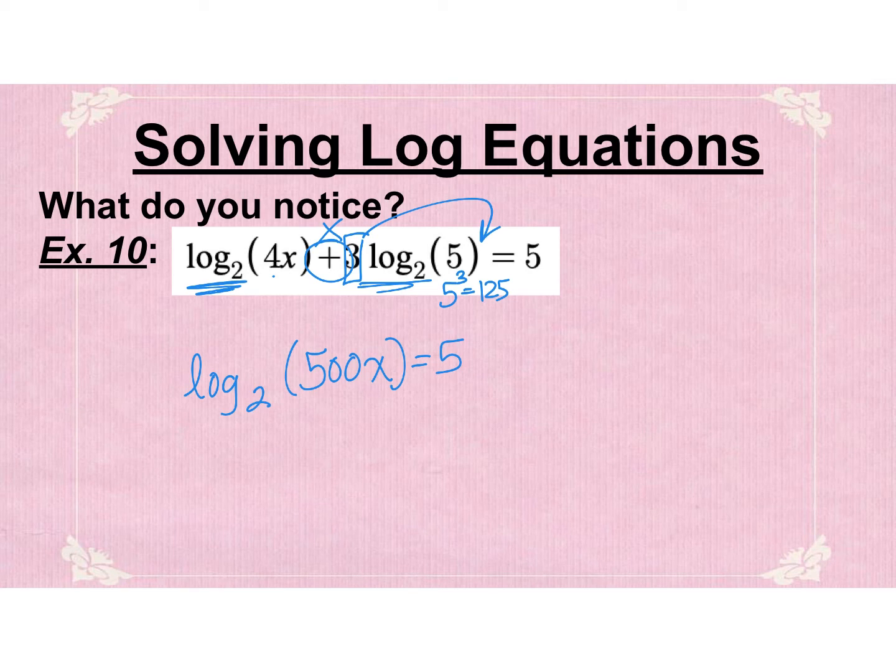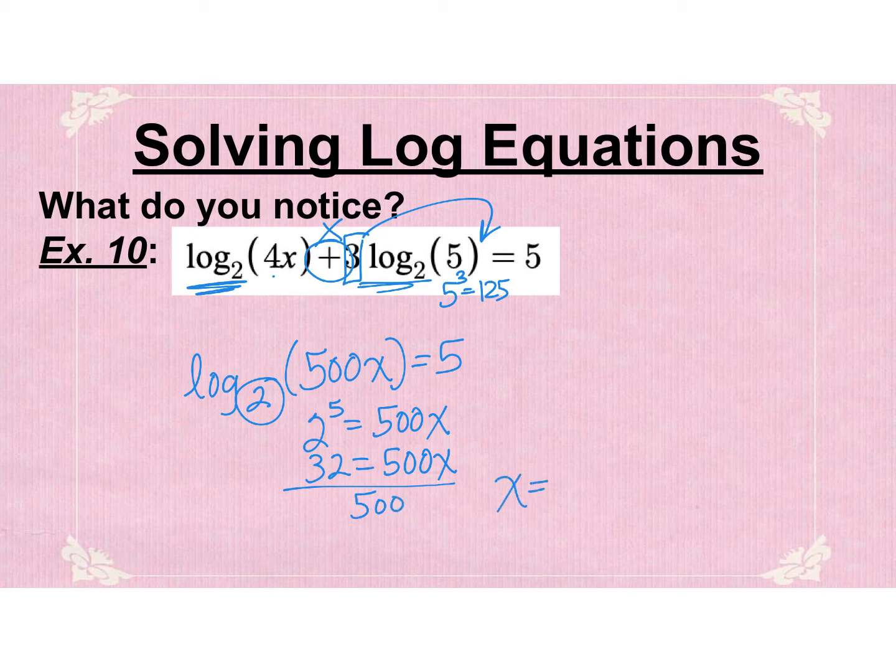I have one log word now, so I'm going to write it in exponent form, starting with my base. So this becomes 2 to the 5th equals 500x. This is 32 equals 500x. Make sure you divide the right way. The 500's with the x, so I need to divide by the 500, and it equals 32 over 500. That's a fine answer.